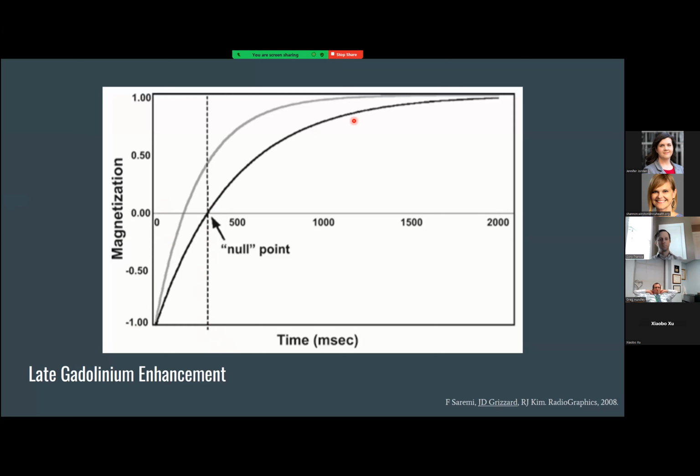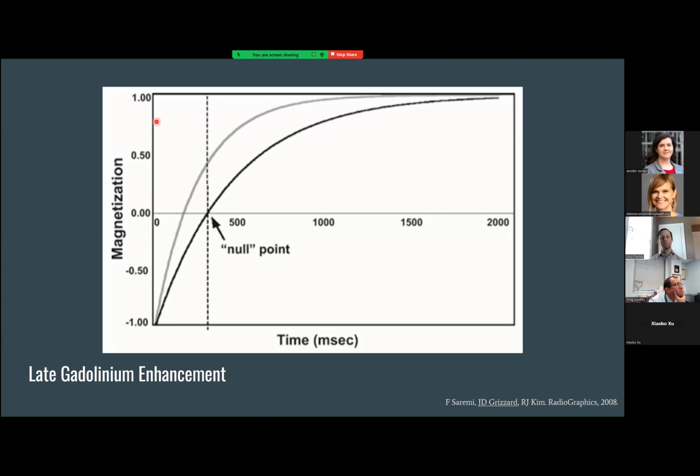So we have this exponential recovery. If we have a 180 flip of our signal, then it recovers back. If we take the picture at this specific time, the normal myocardium is black, and the myocardium with gadolinium recovers faster. If we convert magnetization to signal intensity of our image, then we can appreciate that we have more magnetization and signal coming from here.